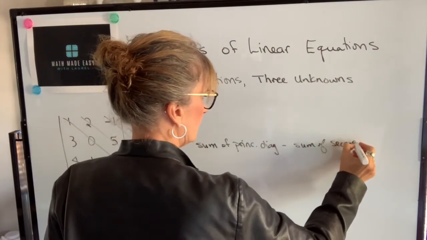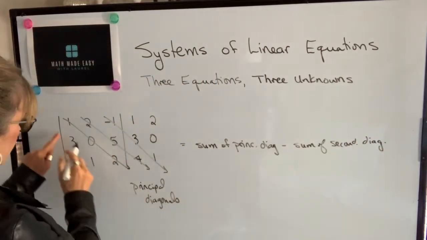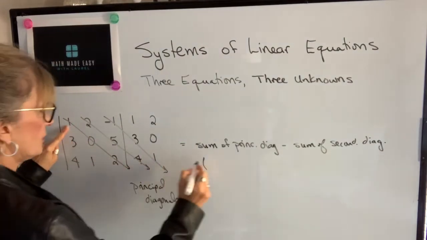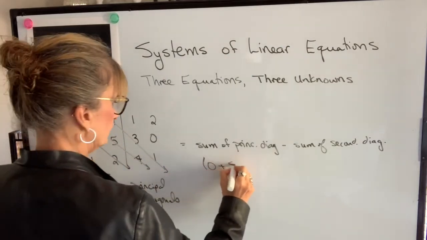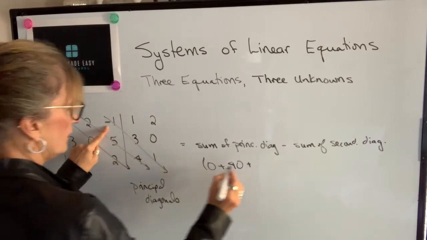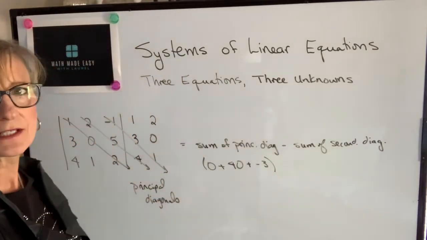So let's start with these principal diagonals. So I take the sum of the products, 1 times 0 times 2, plus 2 times 5 times 4, plus -1 times 3 times -1. So that's going to be the sum of our principal diagonals.